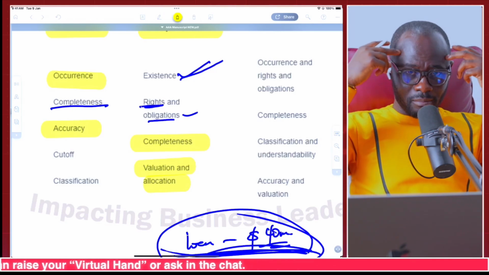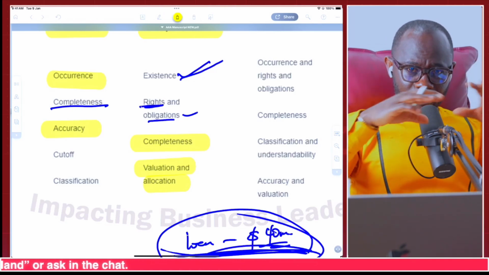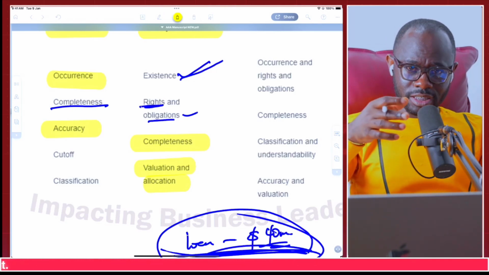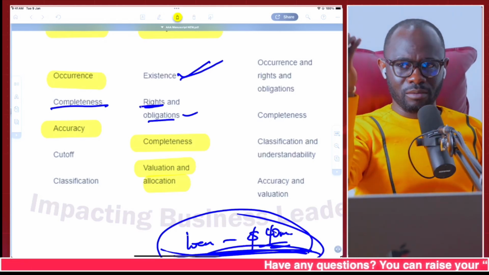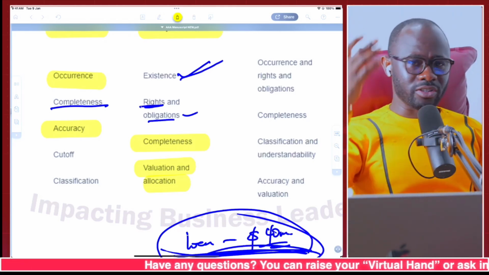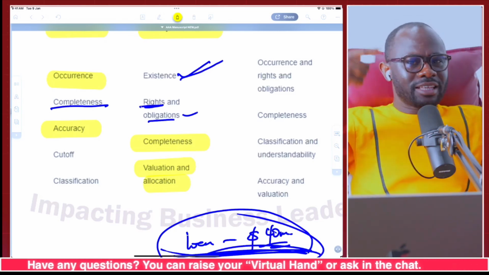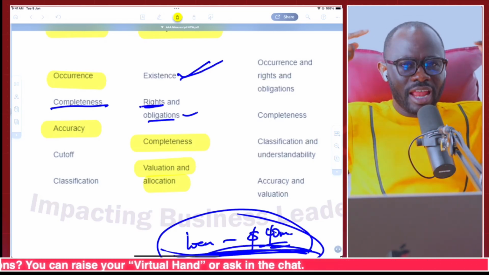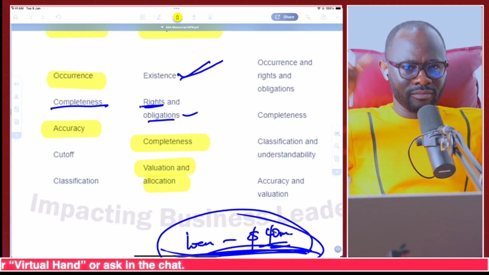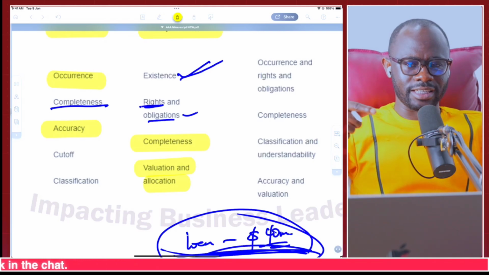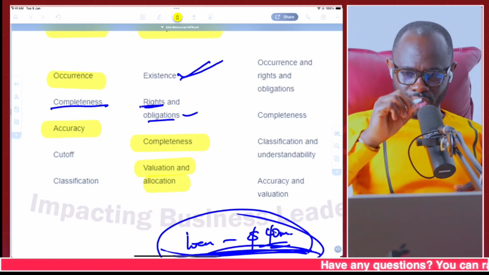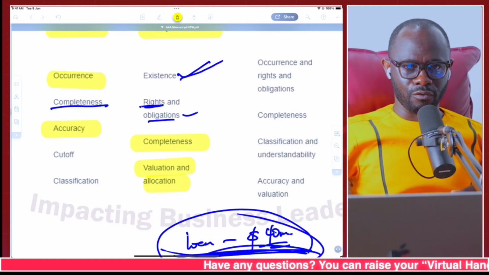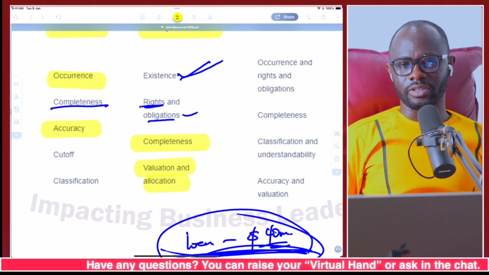At the back of our mind, does it include everything that is supposed to be included? At the back of our mind, is the value at which the item is being carried the right amount at which it should be carried? These are the assertions that will be running at the back of your mind. Then based on those assertions, A, E, I, O, U, you will now write out your 4 audit procedures.